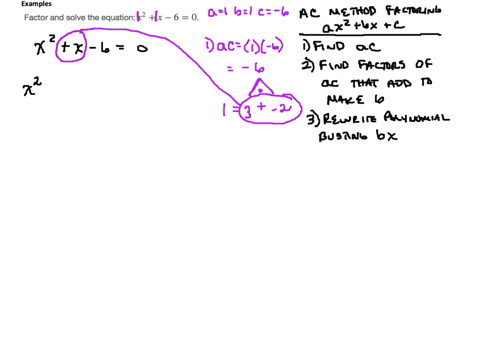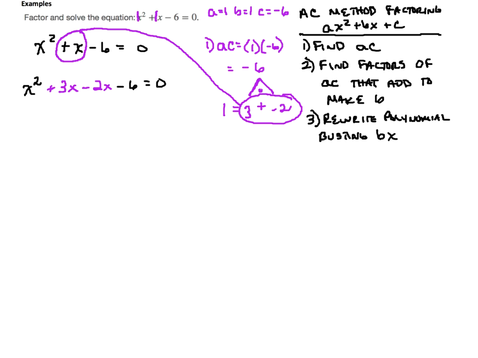I still have my x squared, but instead of writing plus x, I'm going to write plus 3x minus 2x, and then I have minus 6 equals 0. If you think about it, positive 3x and negative 2x make positive x.